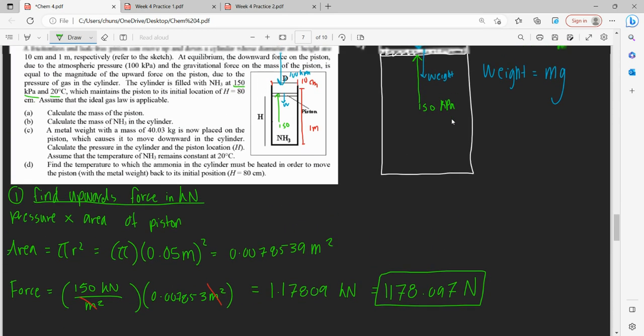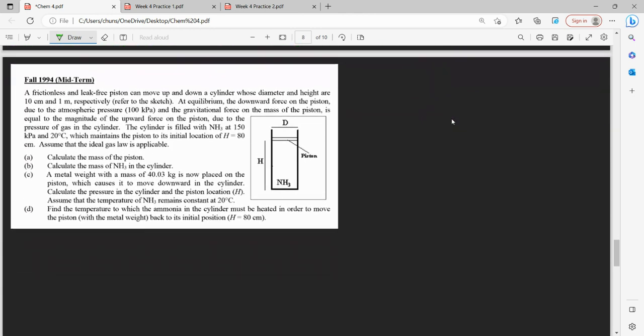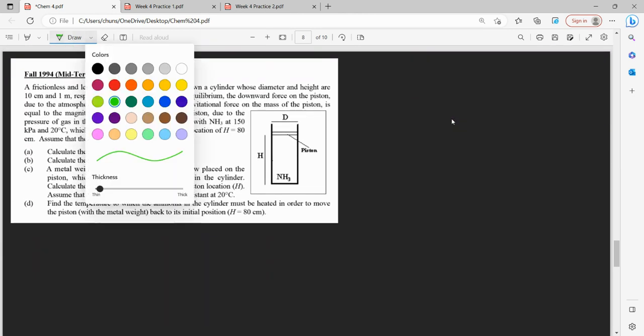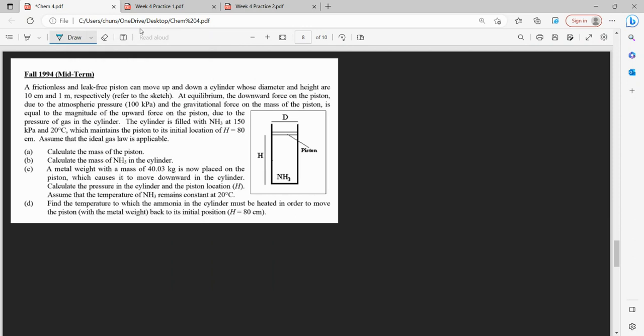And the second part wants us to find the downward force. So I'm just going to continue over to this page. So our net downward force is going to equal our atmospheric pressure plus the weight of the piston.